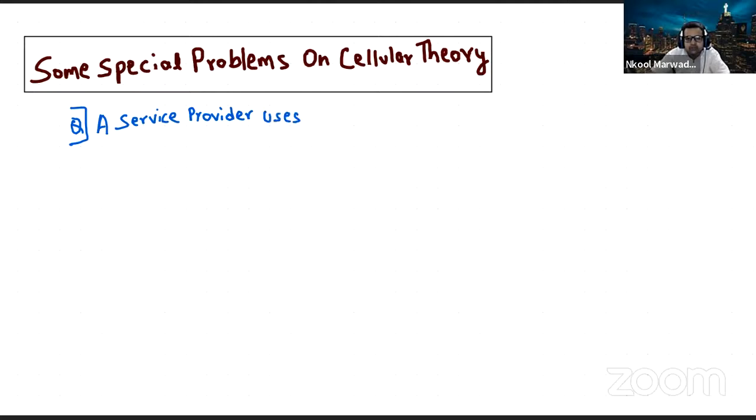All the concepts which we have seen, the concepts of cellular theory. So we have a service provider XYZ. He uses all those concepts of cellular theory to allocate the available frequency range.